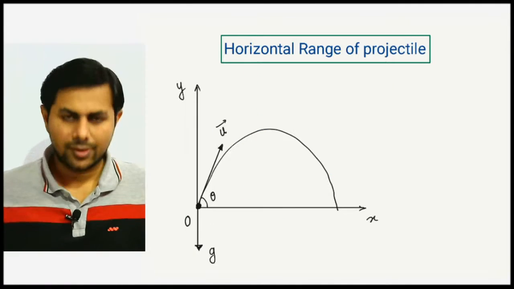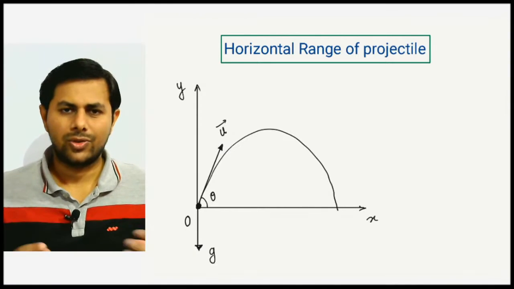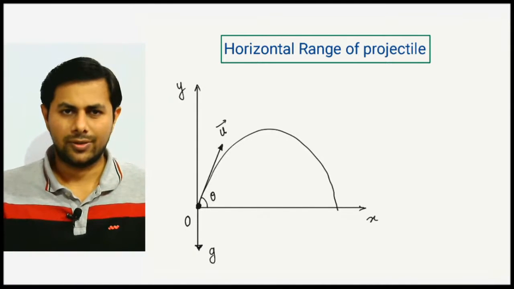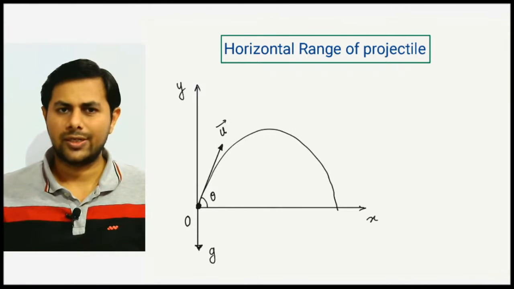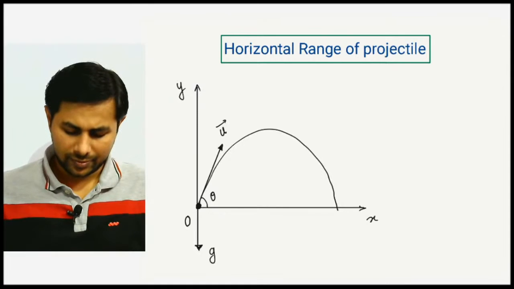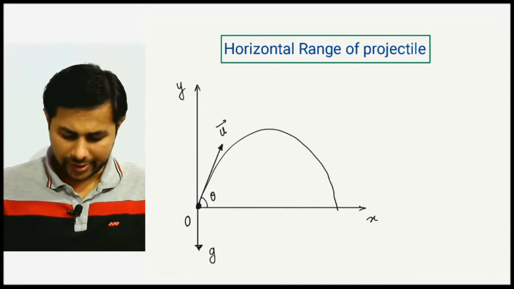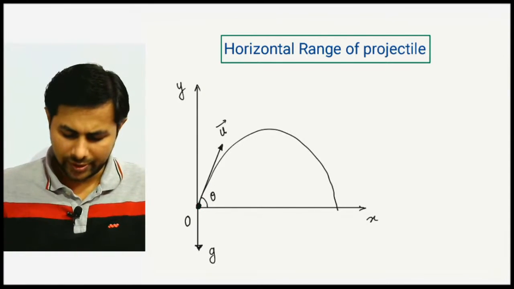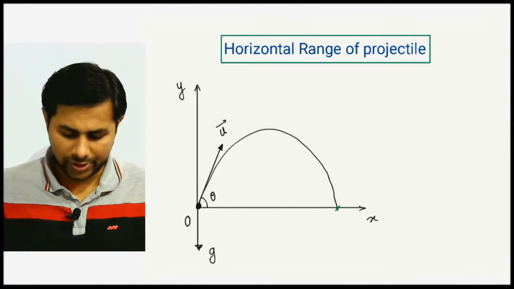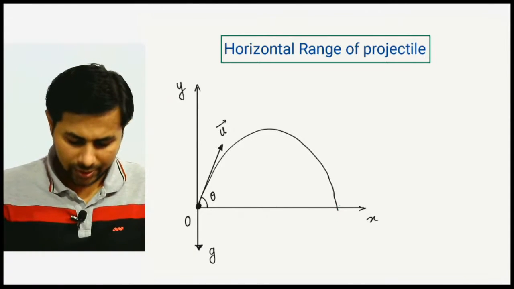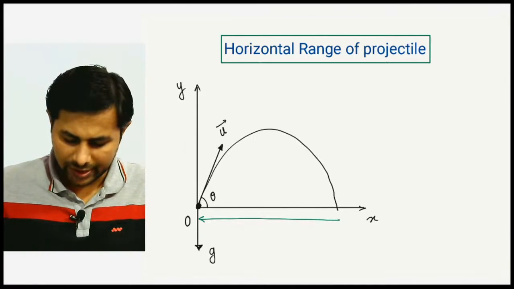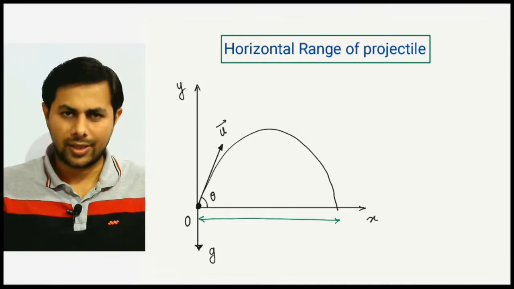Okay, next thing is to find out how much distance it goes on the ground. So if the projectile is projected from a horizontal surface, suppose it starts from here, from the origin, and it falls on the ground at this position. How much is the distance covered by the projectile on the ground?